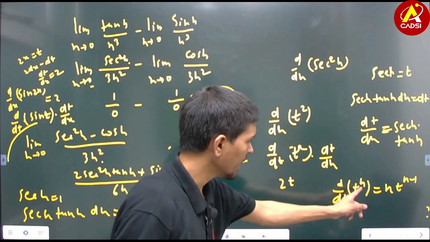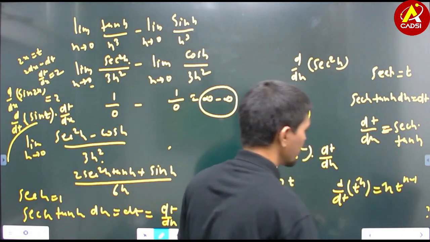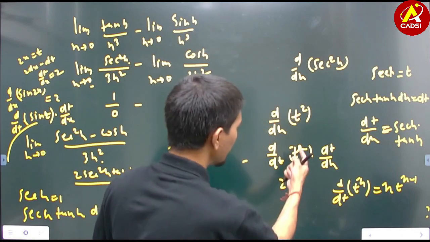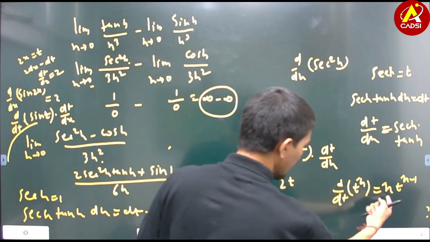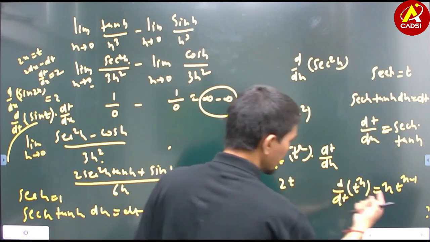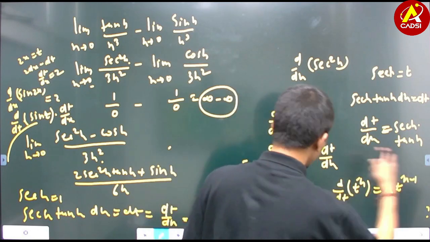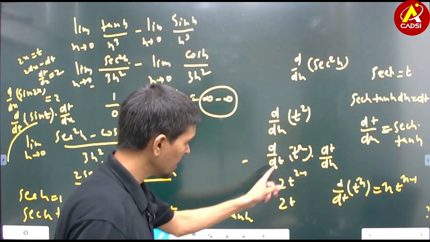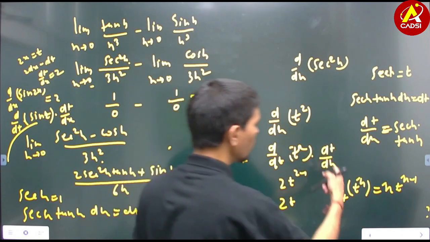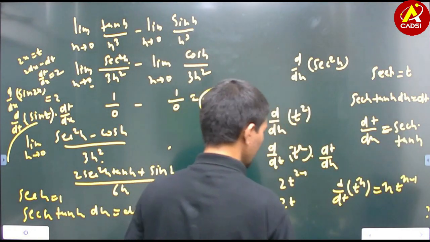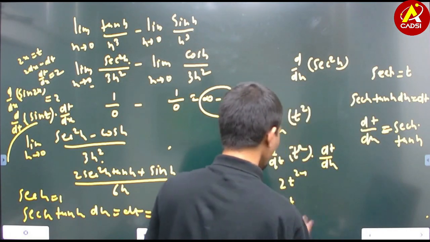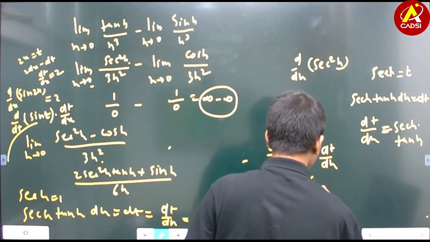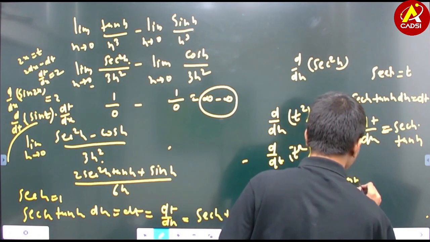Here n is 2, so 2 minus 1 gives 2t. And dt upon dh is sec h tan h.